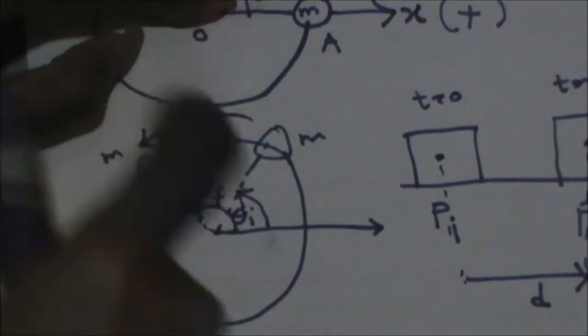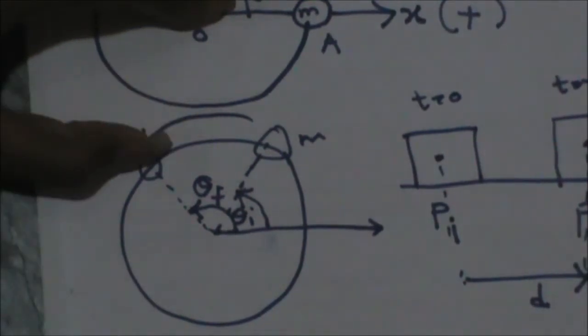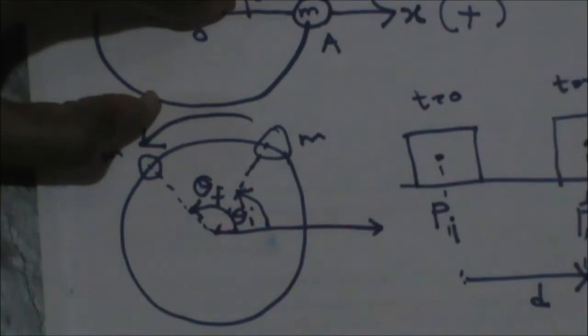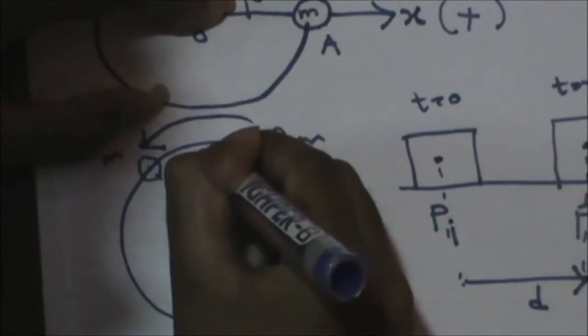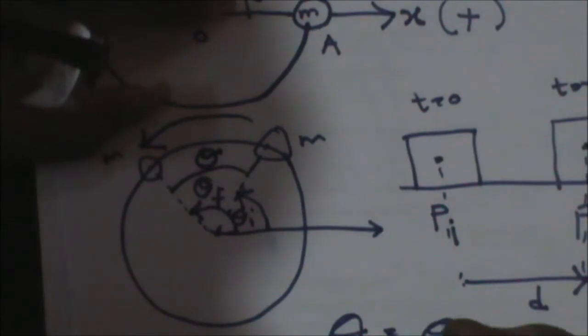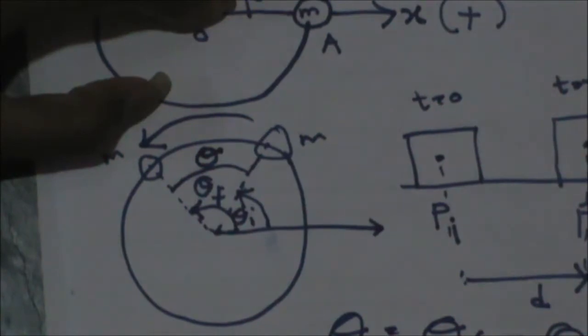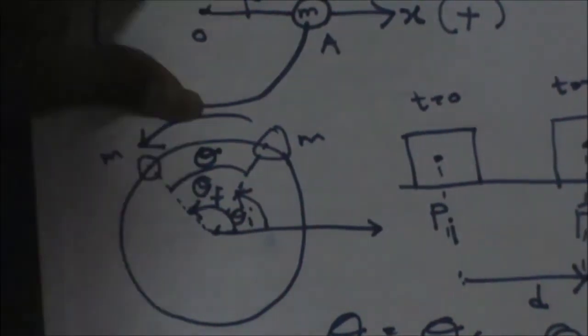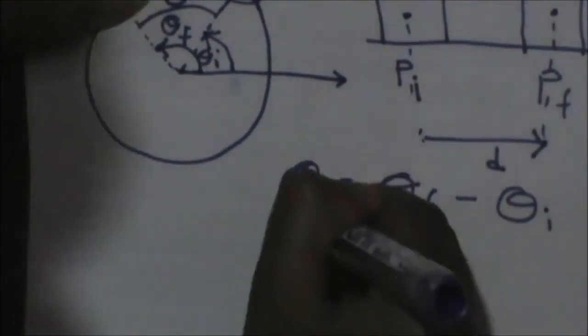So to define the angular displacement of an object, similarly, we use the angle between the initial position and the final position, and I will call it theta. So theta equals theta F minus theta I, regardless of the direction. Theta is called angular displacement.